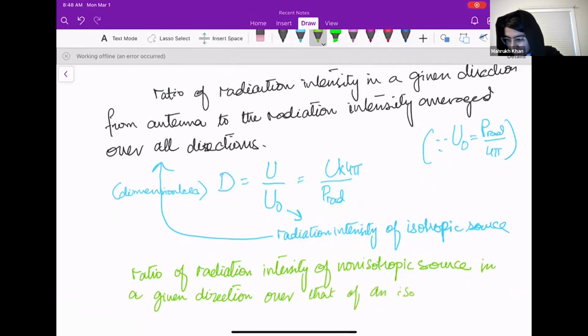So it's the source you are calculating the directivity for, over the isotropic source. That's what directivity is.